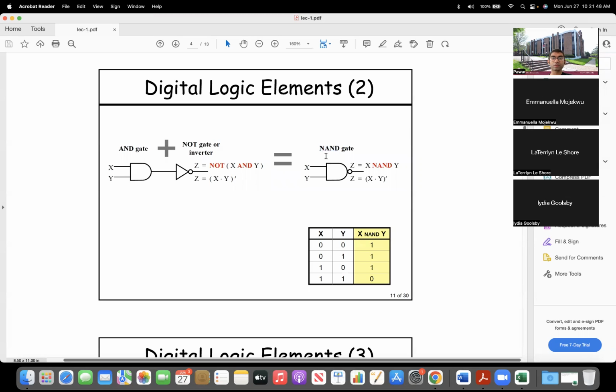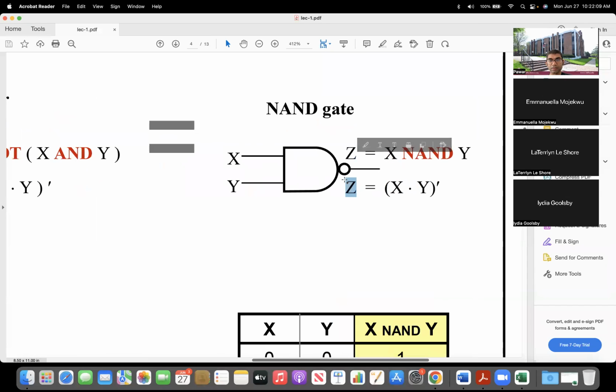I want you to know this structure here, right? If you remember, the AND gate is a blunt bullet. If you add a circle in front of this blunt bullet, it's a NAND gate. Do you see this small circle here in front of this blunt bullet?